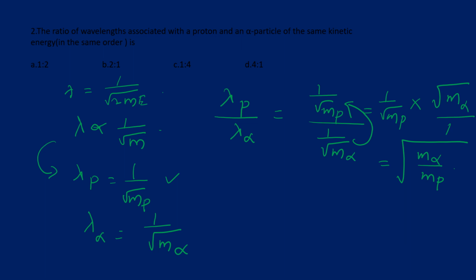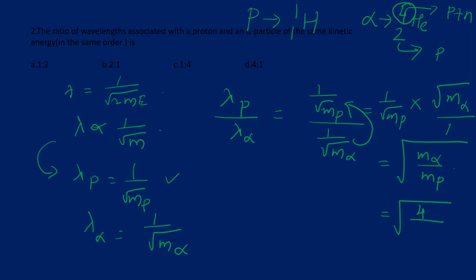We can consider the alpha particle as a helium nucleus, that is He 2 4, where 2 represents the atomic number, the number of protons, and 4 represents the mass number, that is the total number of protons plus neutrons. So here mass is 4. So we can write square root of 4 divided by, and again the proton we can write as hydrogen 1.